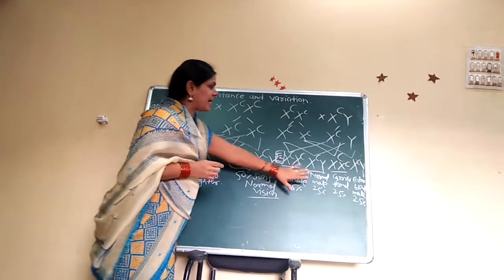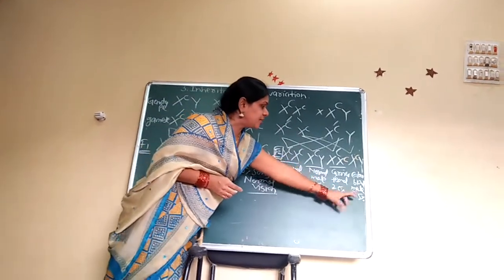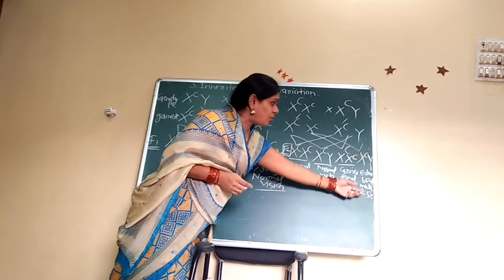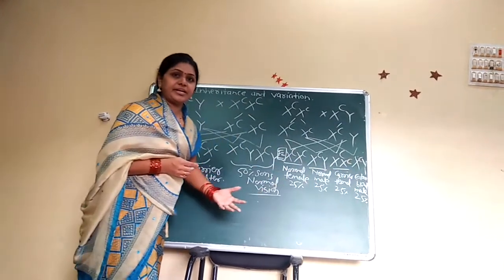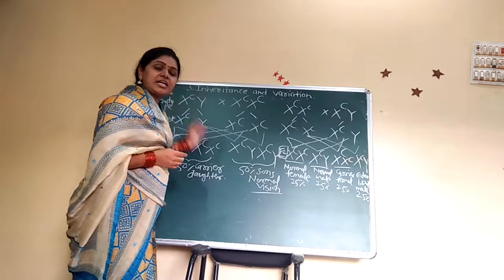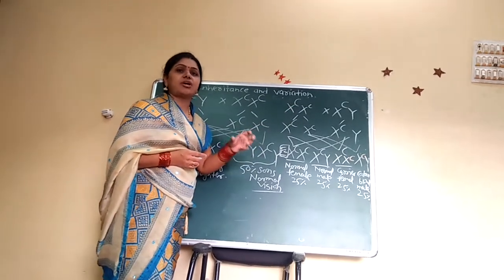We see in that F2 generation, the son or the male has the color blind trait. This condition is called the criss-cross condition.